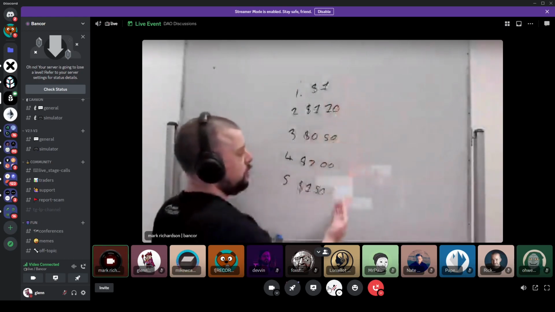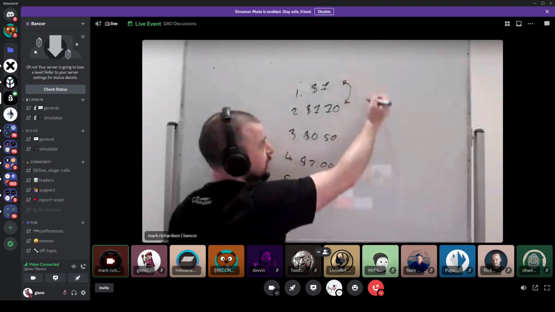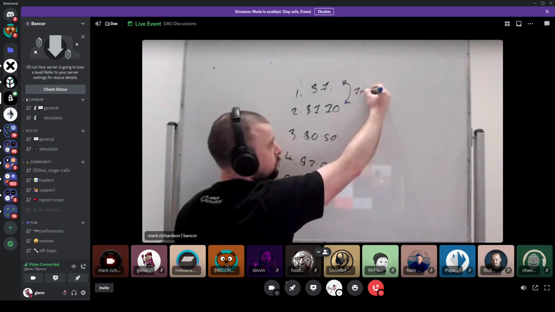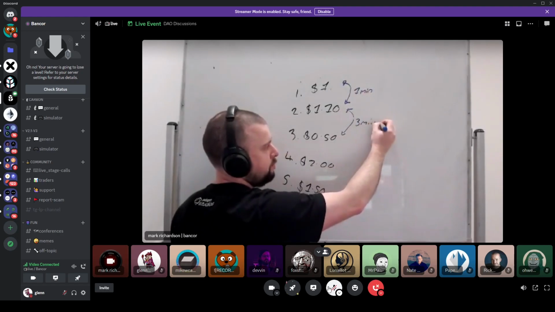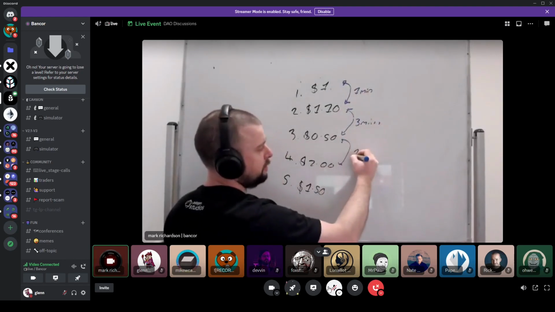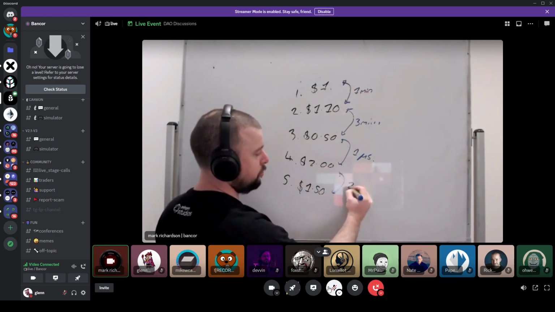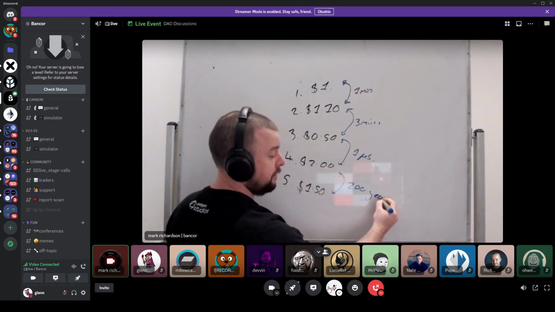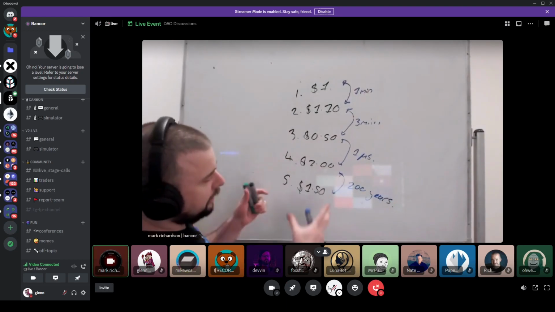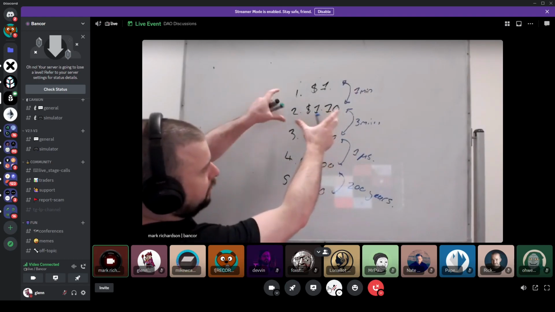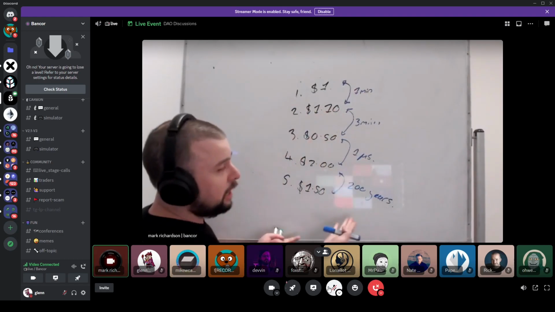But this will work even if the distance between these 2 points in time might be 1 minute, and this could be 3 minutes. This could be 1 microsecond, and this could be 200 years. It really doesn't matter. All we're looking at is, at each point in the simulation, how would a hyper-efficient market respond? And it doesn't need time as an input.